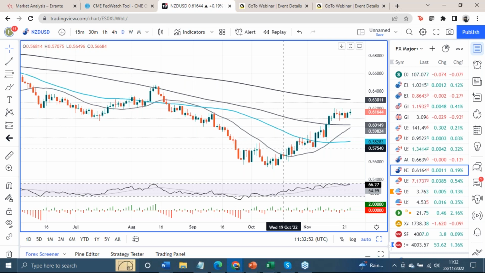But the overall communication by the RBNZ was relatively hawkish. They even talked actually of a 100 basis point hike, discussions around that, 75 and 100 rather than a 50. And new forecasts from the bank, they raised the peak rate that they see to 5.5% next year.